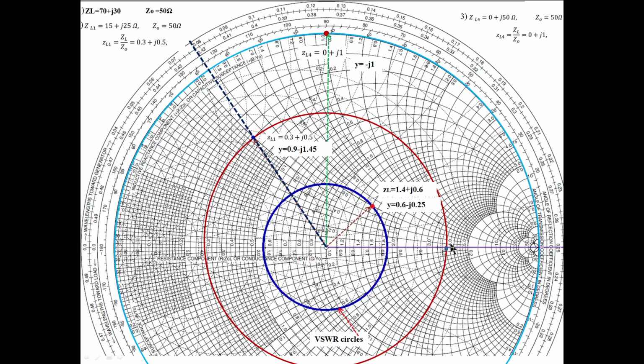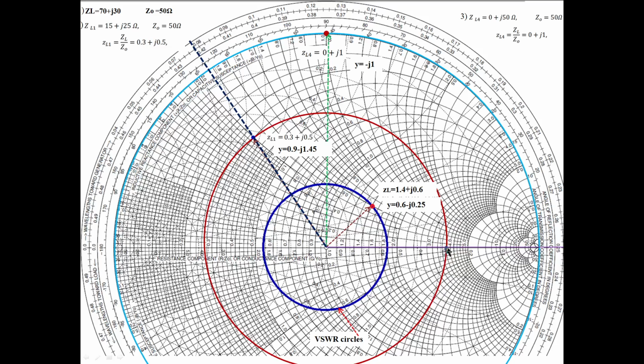Each division here is 0.2, 0.4, 0.6, 0.8. Correct. So this is the 3.8 circle.